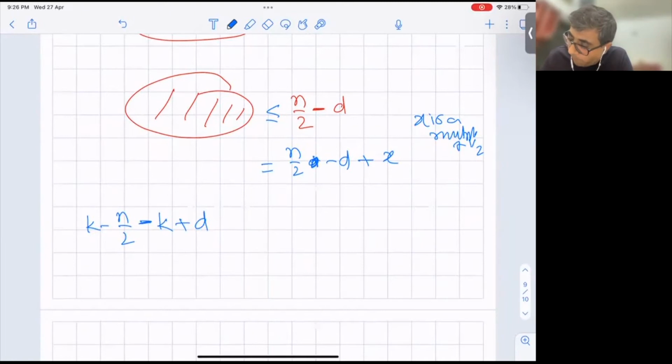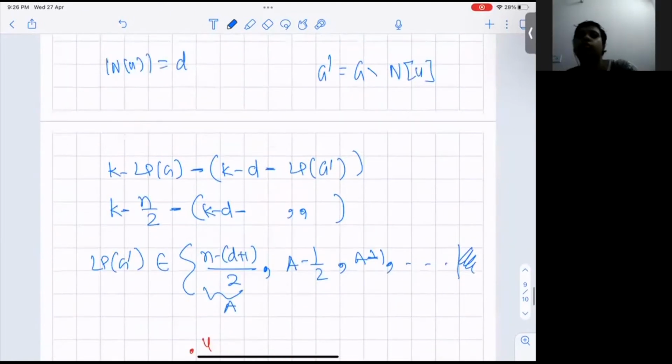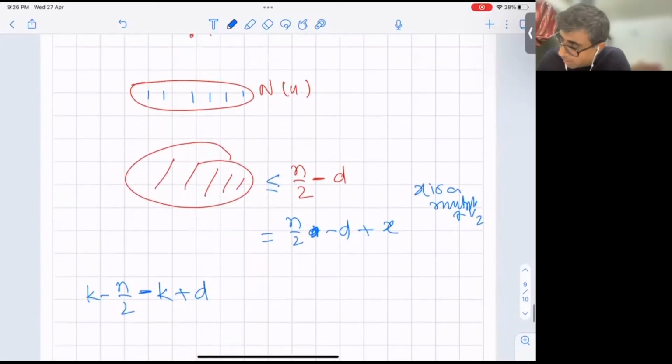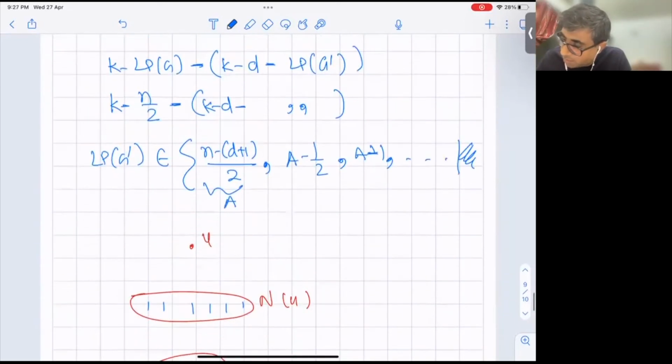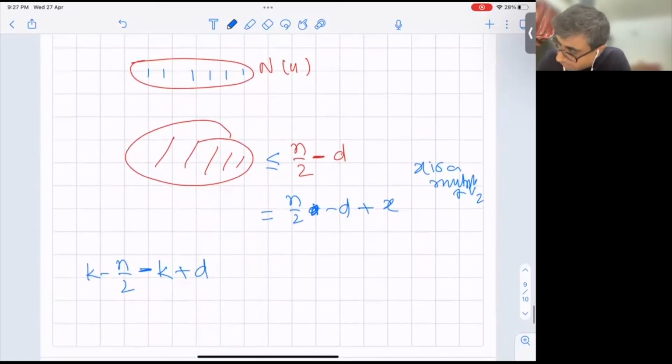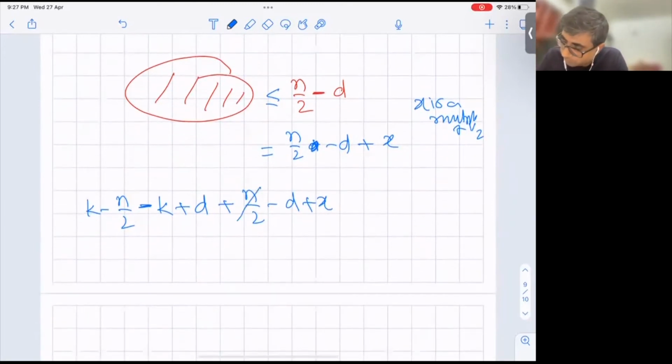And k minus d, so minus k plus d minus plus, right? So we have x.